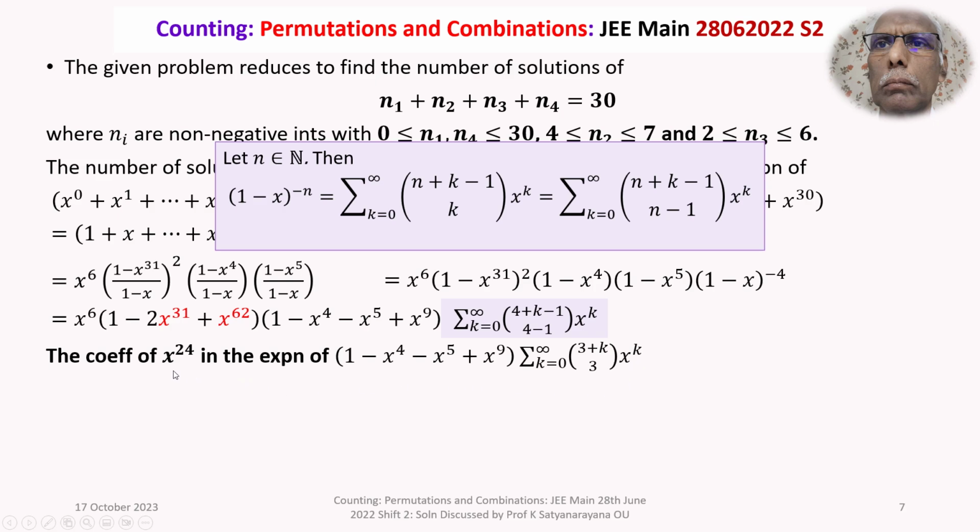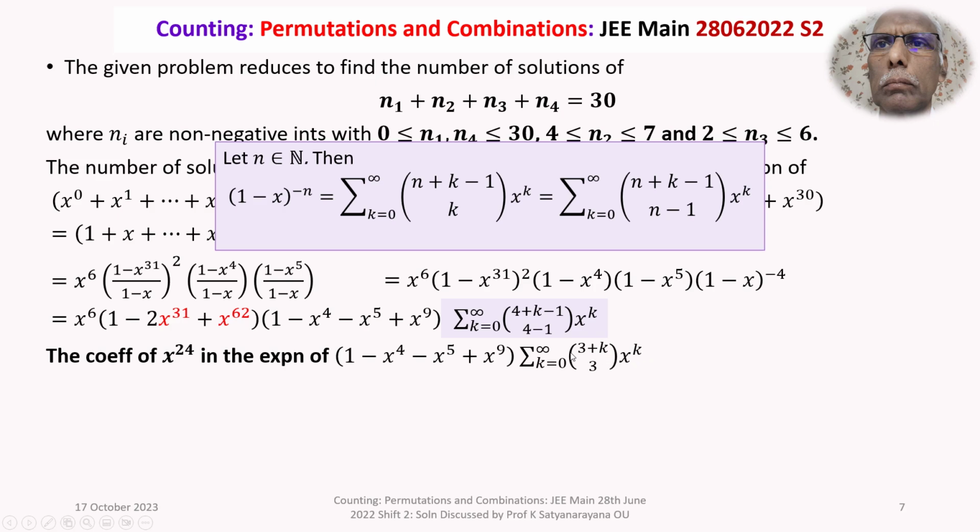So what is it that we want? We want the coefficient of x to the power of 24. So 1 multiplied by this one, if you put k equal to 24, you will get the coefficient as (3+24 choose 3), that means (3+k choose 3) when k is 24. Minus, here x to the power of 4 is there, x to the power of k is there, we want x to the power of 24, so take the coefficient of x to the power of 20.